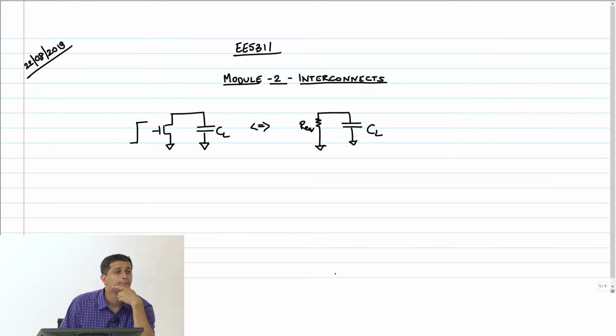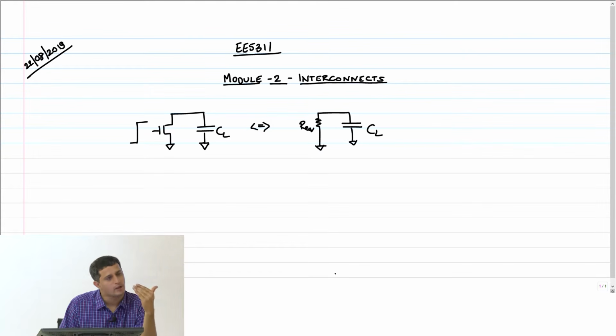Of course, that is this thing, but where is the switch that is actually turning it on? So, in this RC model, where should I put my source?